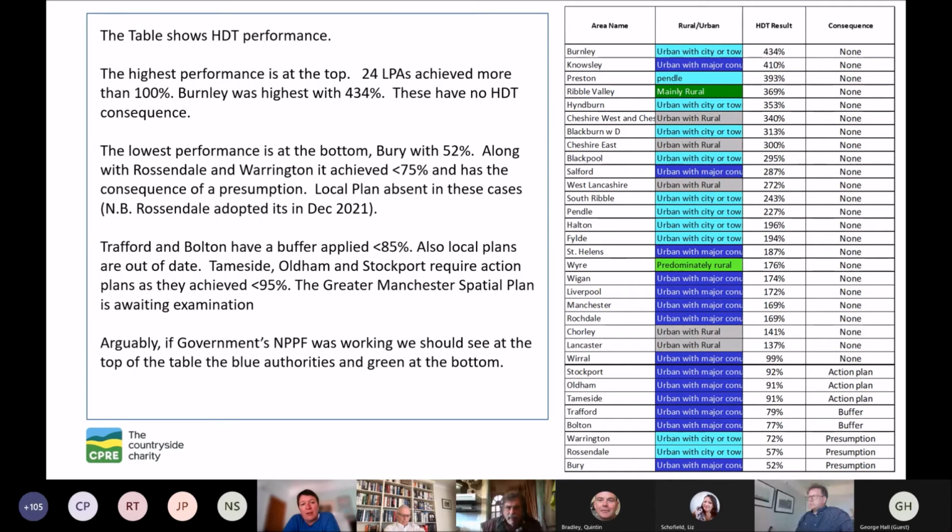And then we have Knowsley, Preston, but we also have Ribble Valley, which has exceeded its target by 369%. And at the bottom of the table, which is showing lower ranking performance, the blue shades, that's all our brownfield sites. Now, if government policy was working, we should be seeing those blue authorities at the top and the greens and the light blues and the greys towards the bottom of the table.